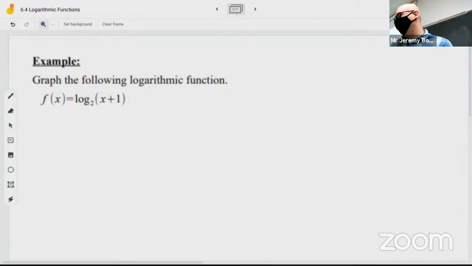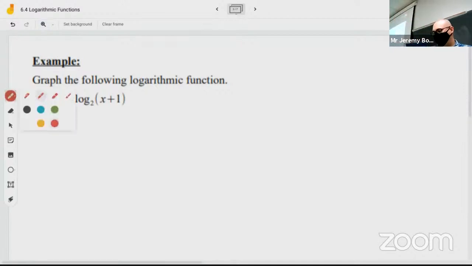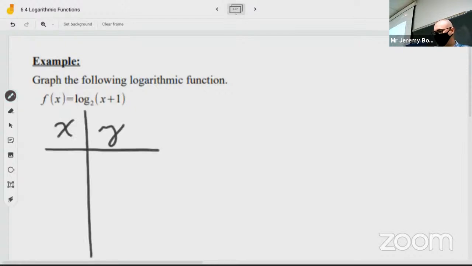So we kind of have an idea of what the shape is, but we don't know the points. And so we need to find those points. This is where most people have difficulty, so I'm going to talk to you about how to do it. We're going to do x's and y's, but we need to be a bit careful about our x's. I'm just going to choose one for example, just to show you how things can go wrong.